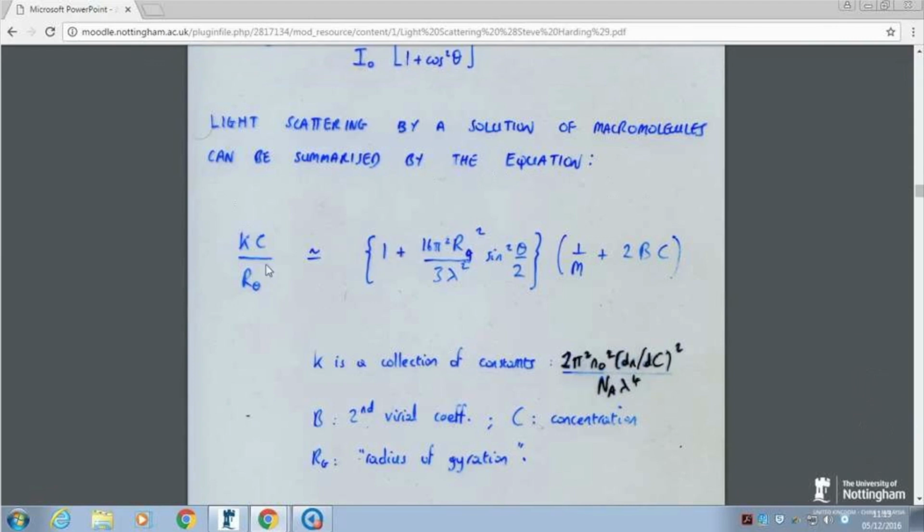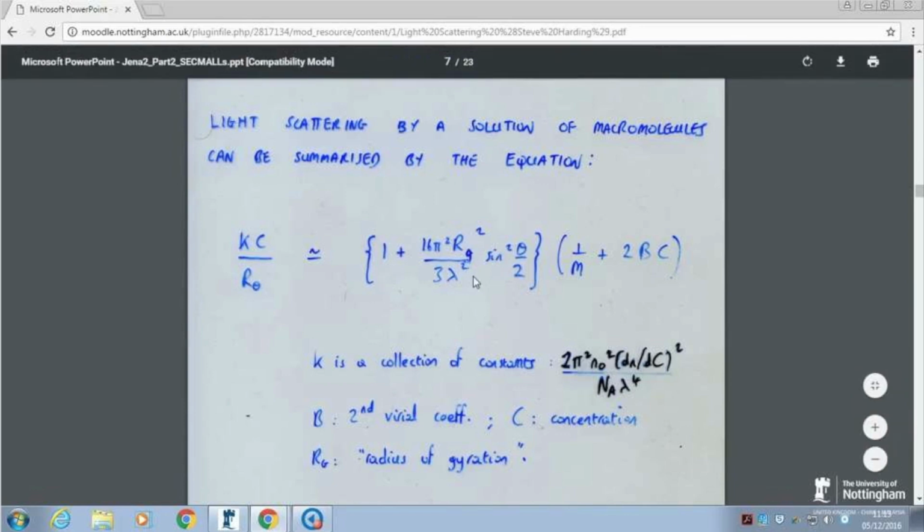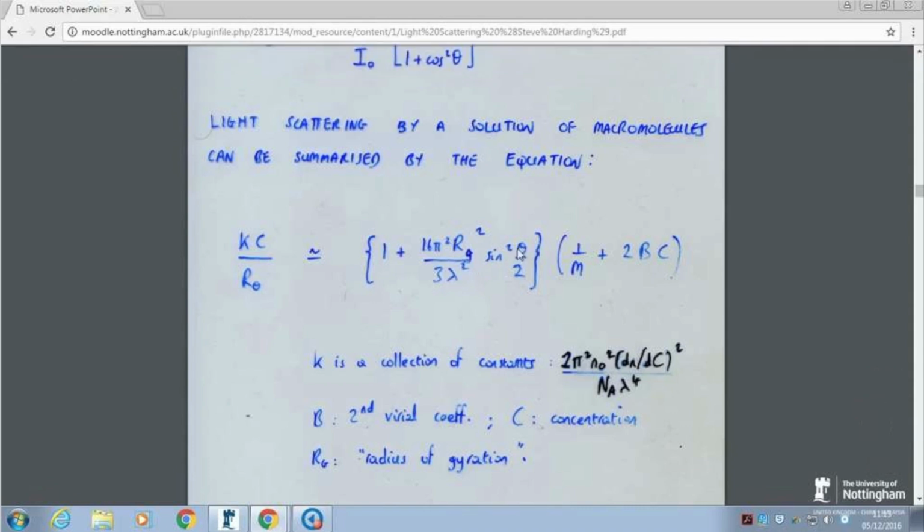C is the concentration, R theta is the Rayleigh ratio, the intensity scattered at an angle theta divided by the incident intensity. Lambda is the wavelength, theta is the scattering angle, Rg is the gyration radius, 1 over M, molecular weight, 2B or not 2B?